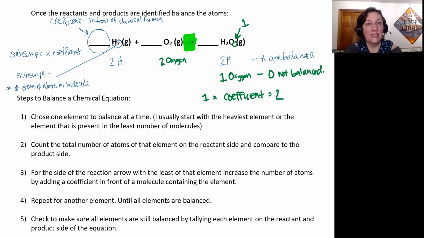I go to the side that has the least oxygen, and I'm basically going to multiply it to get a number that's equal to the other side. So if I multiply my water molecule by a coefficient of 2, if I have 2 water molecules, then that means I will have 2 oxygen atoms that will be part of my equation on my product side, and that will match the 2 oxygen that I have on my reactant side. So now my oxygen are balanced.